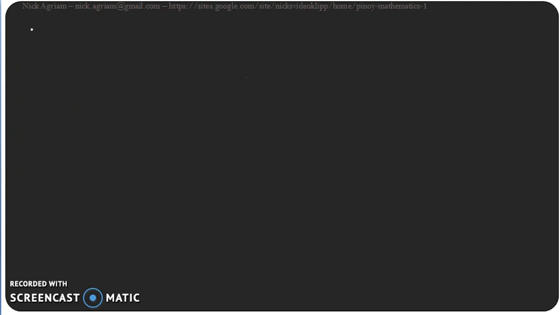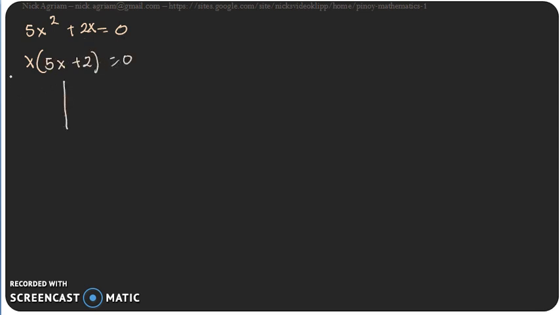Let's take another example. For example, we have 5x squared plus 2x is equal to 0. As we can see, we have x as your common factor. Then we have 5x for the first term and 2 for the second term.